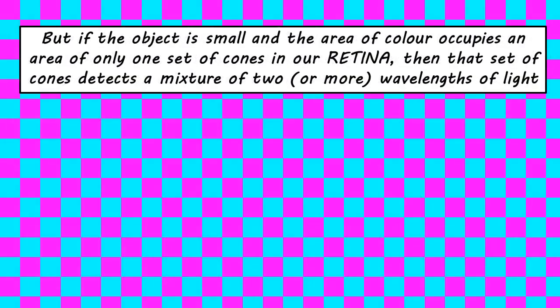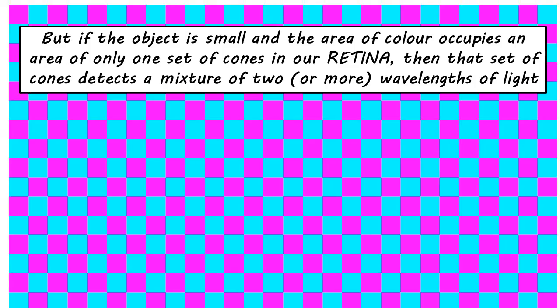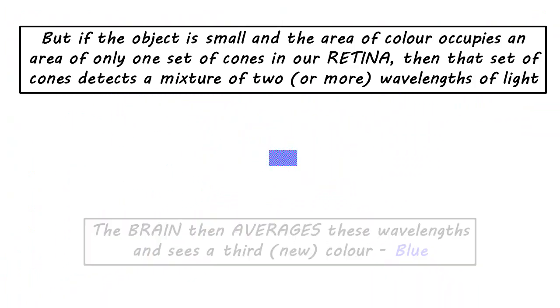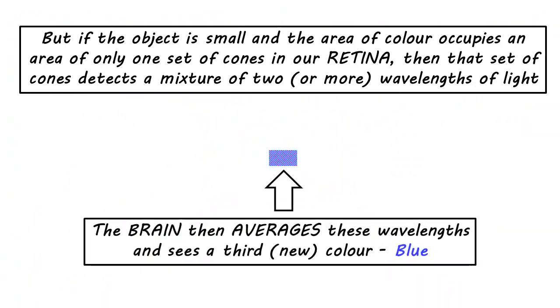But if the object is small and the area of colour occupies an area of only one set of cones in our retina, then that set of cones detects a mixture of two or more wavelengths of light. The brain then averages these wavelengths and sees a third, new colour, in this case blue.